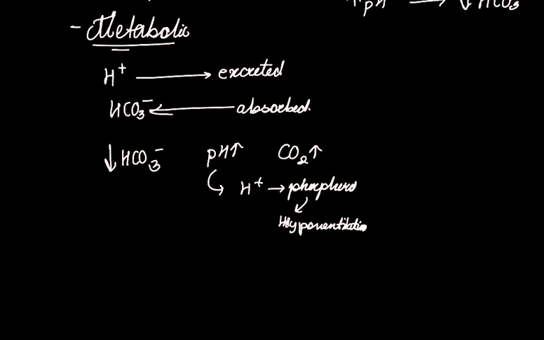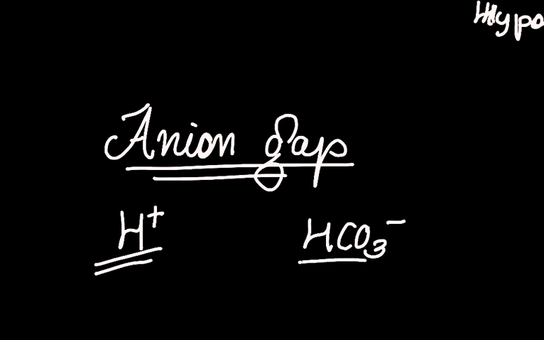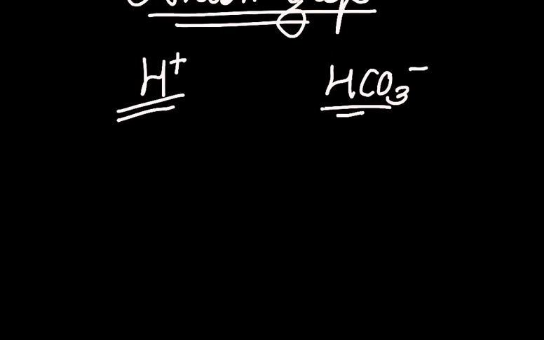Now one of the things I would like to mention is the anion gap. Okay, why are we talking about anion gap? Why is it so important? See, I said that in metabolic acidosis or alkalosis, both volatile acid as well as HCO3 minus play a role. So how are we supposed to know which is the one that is responsible? For that we have the anion gap. What is anion gap?